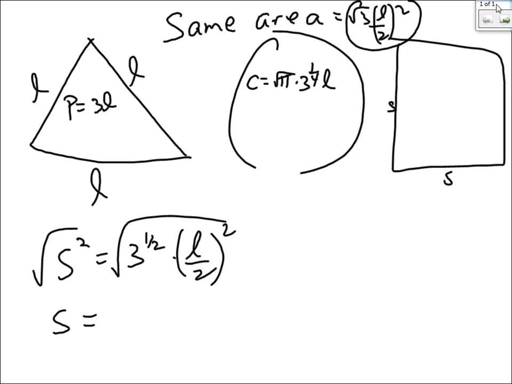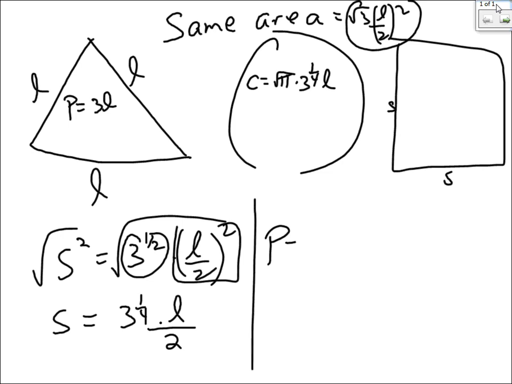So the square root of this is 3 to the 1/4 times the square root of this, which is just L over 2. But the perimeter is 4 times S, and here's S. Now write it as 3 to the 1/4 L over 2.